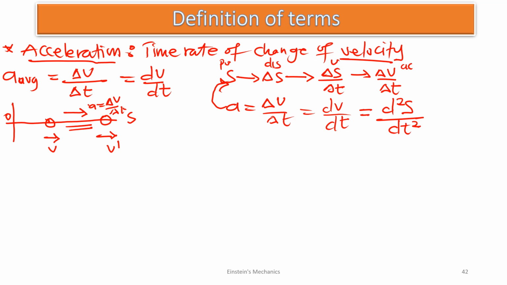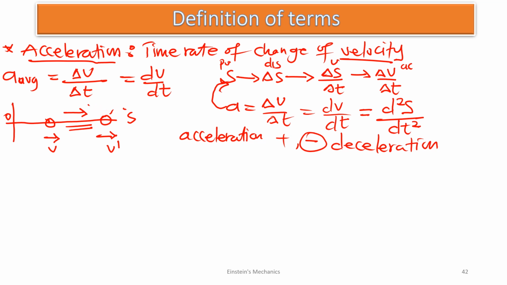So this is for the acceleration. Remember, acceleration can also be positive or negative. And I told you that the moment it is negative, then it becomes a deceleration, meaning it is decreasing in its acceleration. So if here the direction is looking in the positive direction, then it is accelerating.